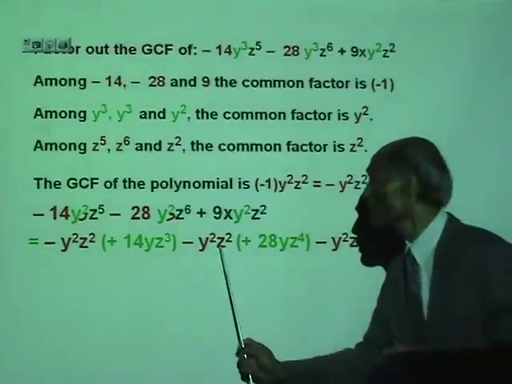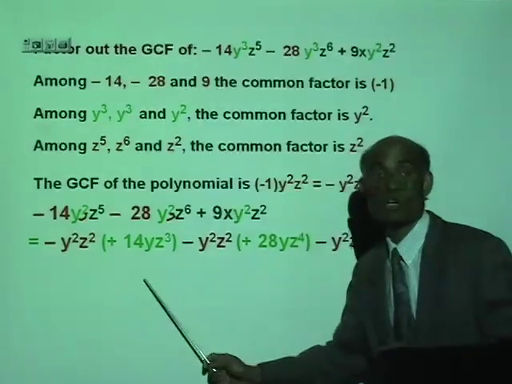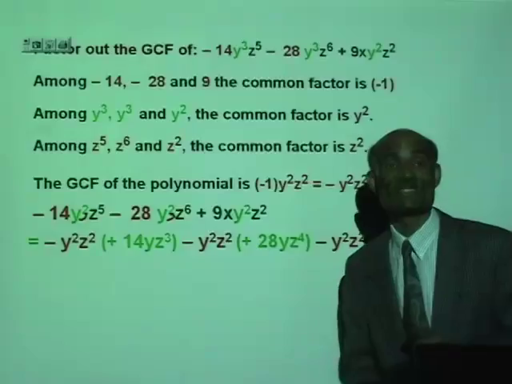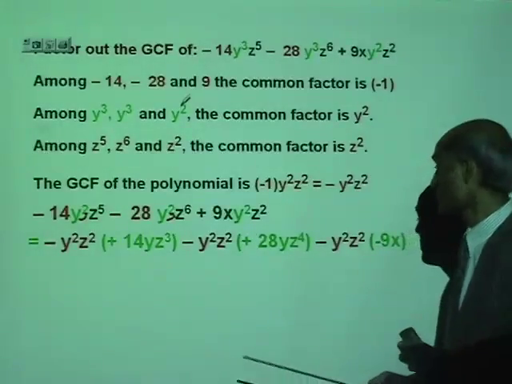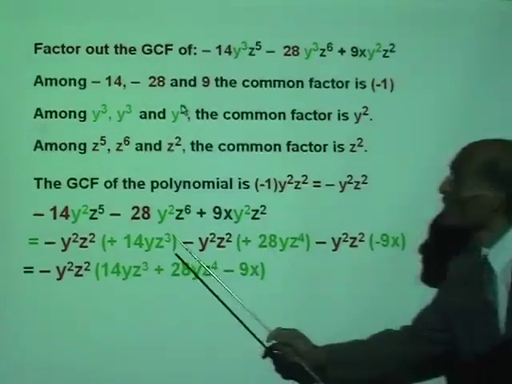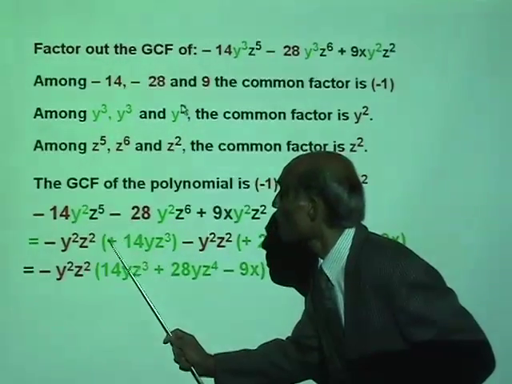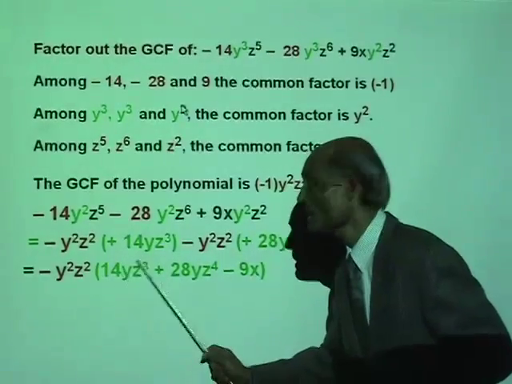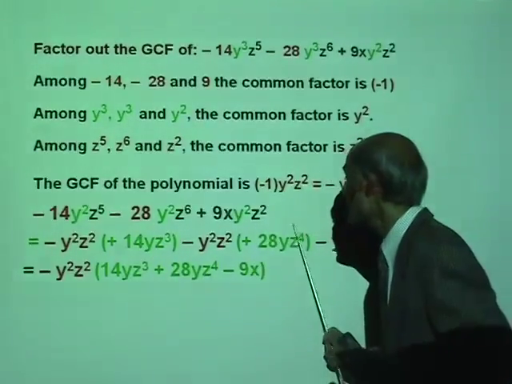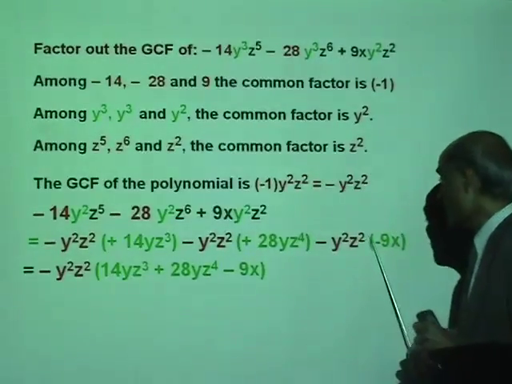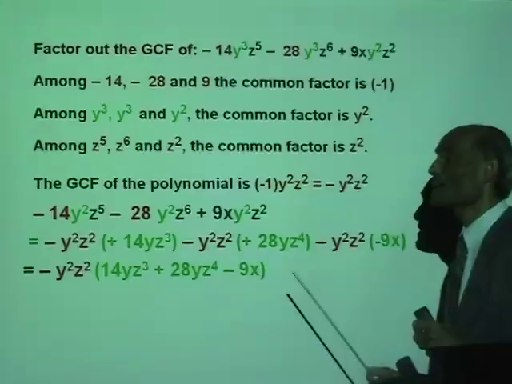Alright? Now pull out your common factor. What is your common factor? Negative y squared z squared. Pull it out. What do we get? Pulling out leaves positive 14yz cubed in the first term, plus 28yz to the 4 in the second term, and minus 9x in the third term.